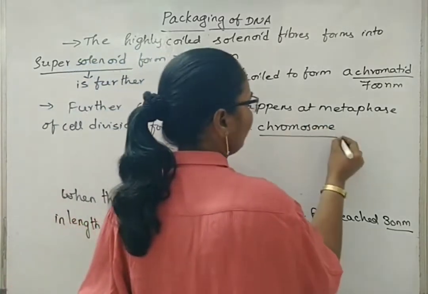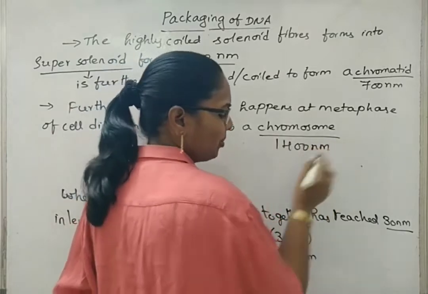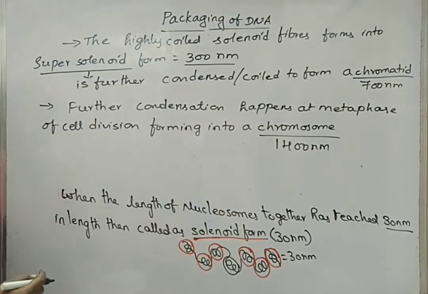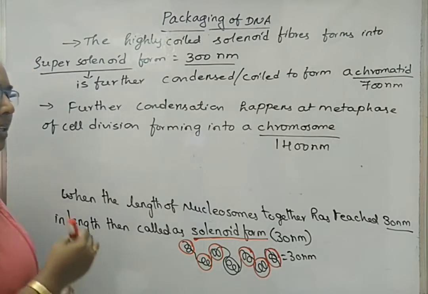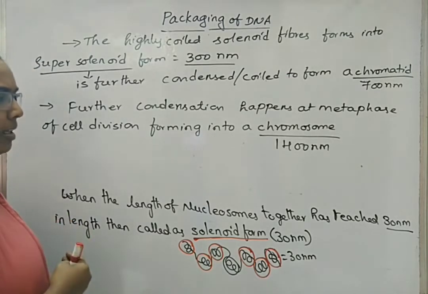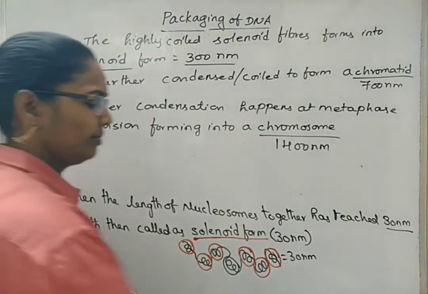Now complete chromosome, its length also will be changed, that is 1400 nanometers. Means the total DNA or the nucleosomes or the solenoids, their length will be changed, and also the terms given for those highly coiled structures, now is of 1400 nanometers in length.